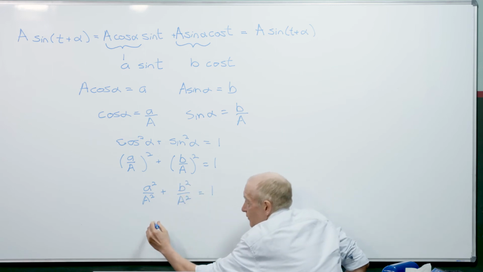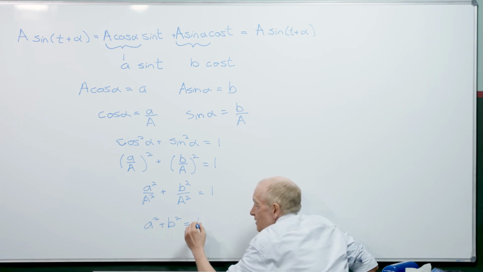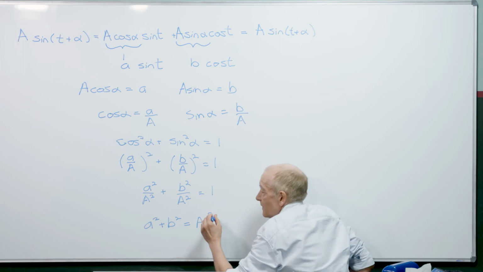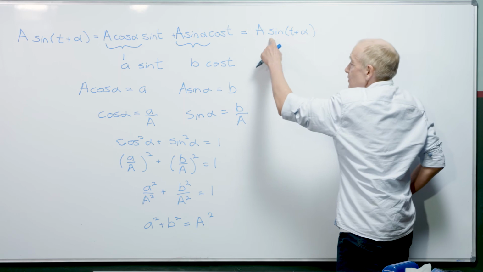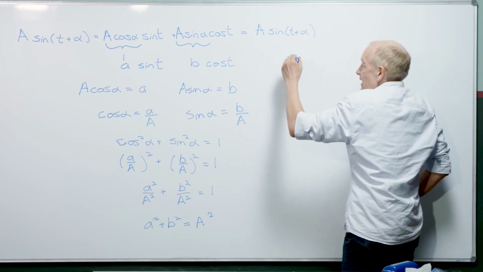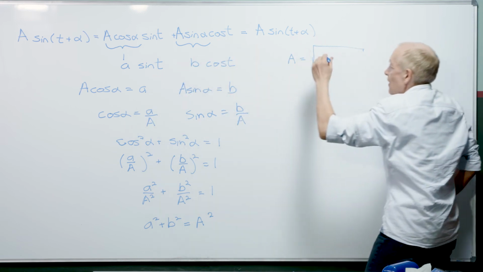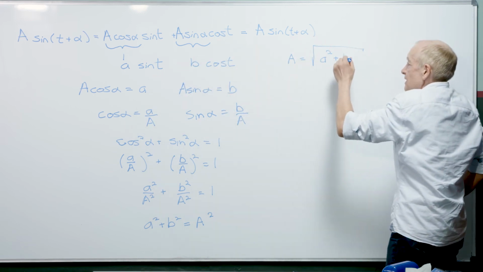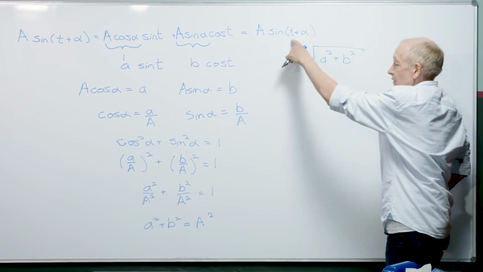Multiplying through by A squared, we get a squared plus b squared is equal to the amplitude squared. So this tells us that if we want to find the amplitude of our new function, A is just the square root of the thing in front of the sine squared plus the thing in front of the cos squared. That's how we find our new amplitude.